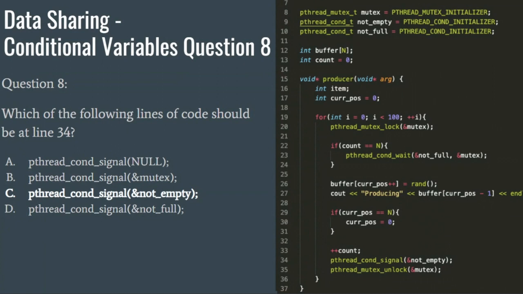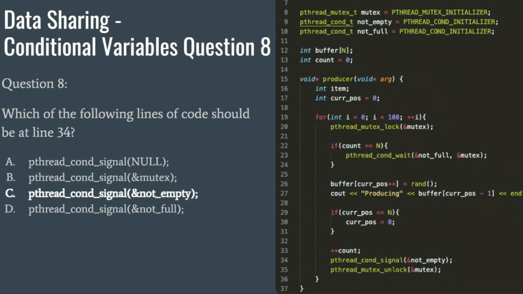So producer, if the buffer's not empty, it can do its stuff and add stuff to the buffer. Once it adds stuff to the buffer, it sends a signal to consumer saying, hey, you can do your thing now. And then consumer will wake up if it's asleep because of that signal and then do its stuff. Is there at least one order in the buffer?